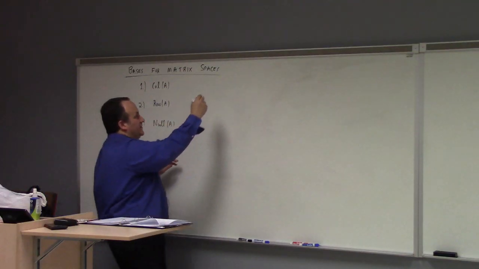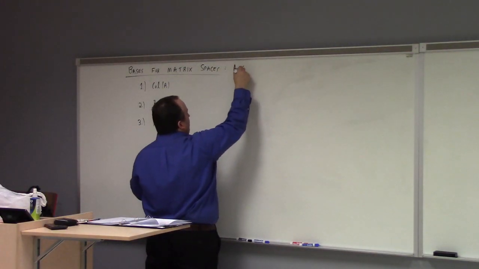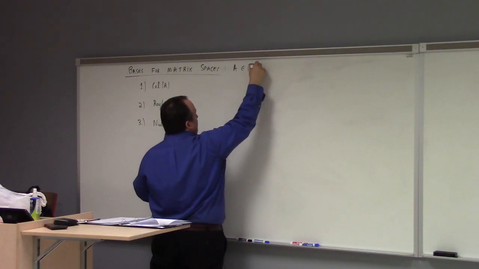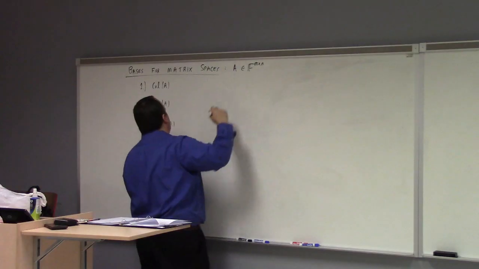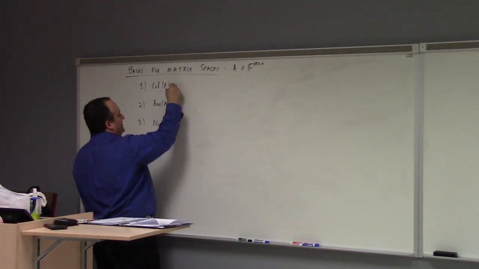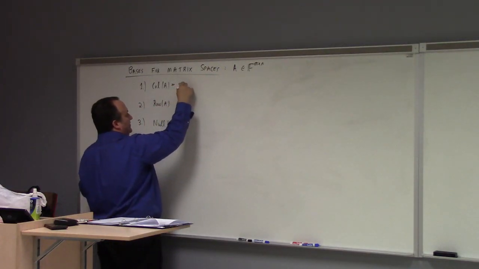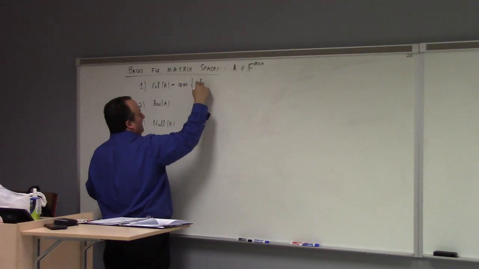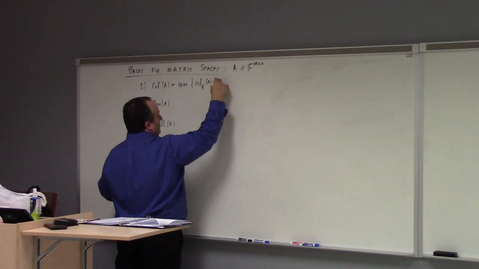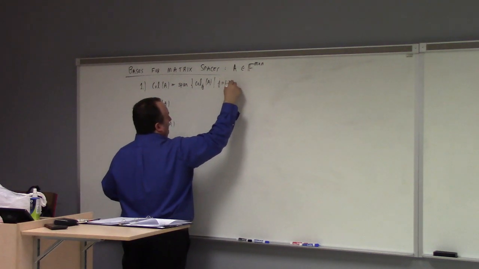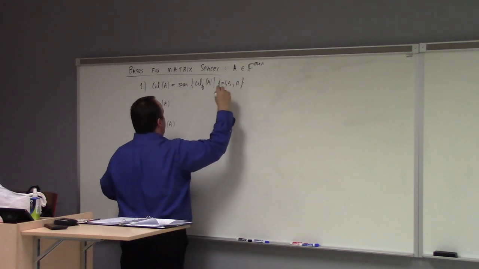So here I have A is an m by n matrix over some field. The definition of column space, of course, is just the span of the columns. How many columns? I guess there are n of them.